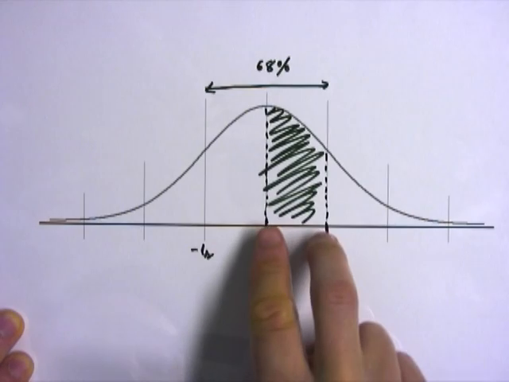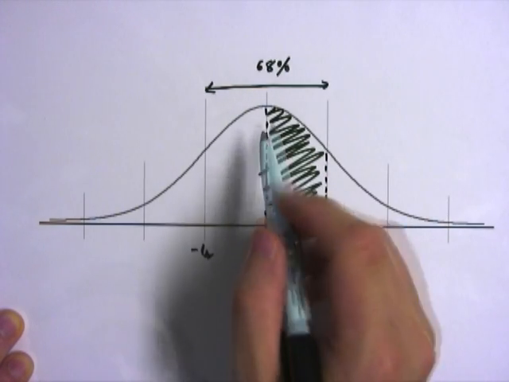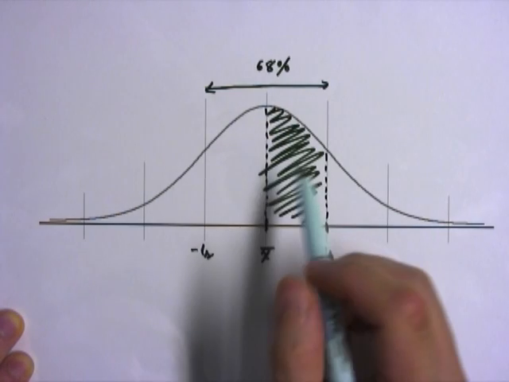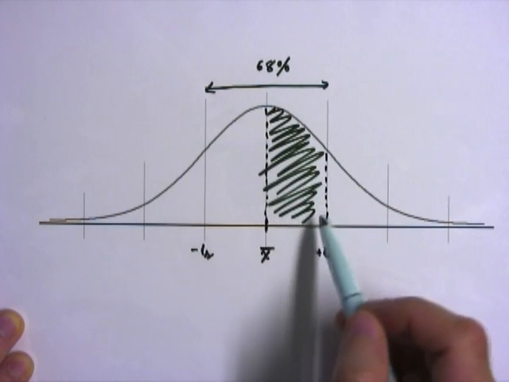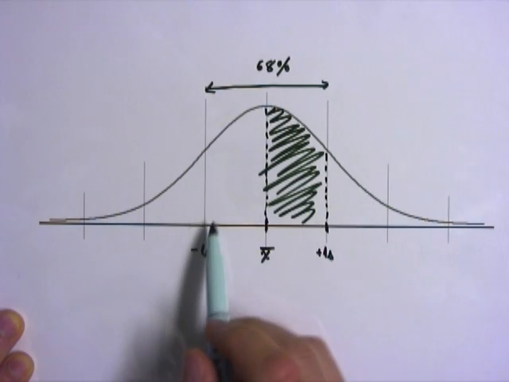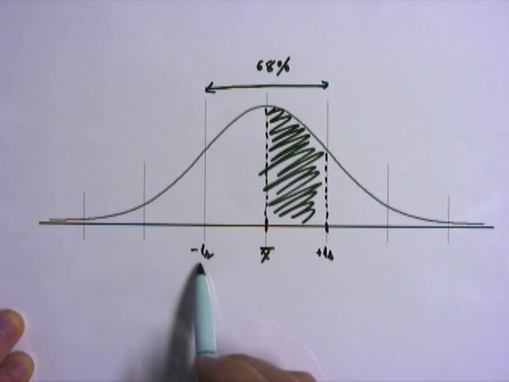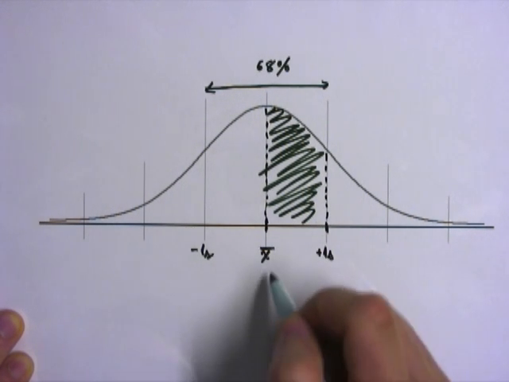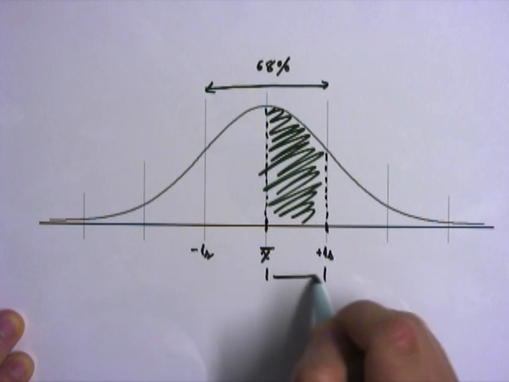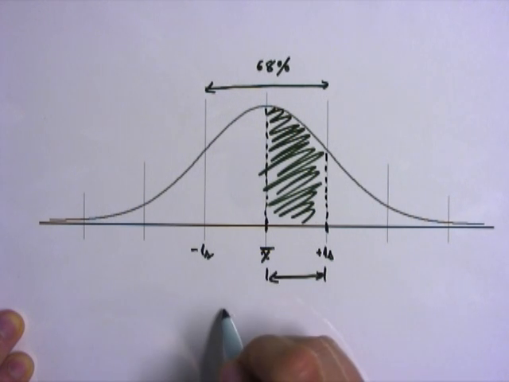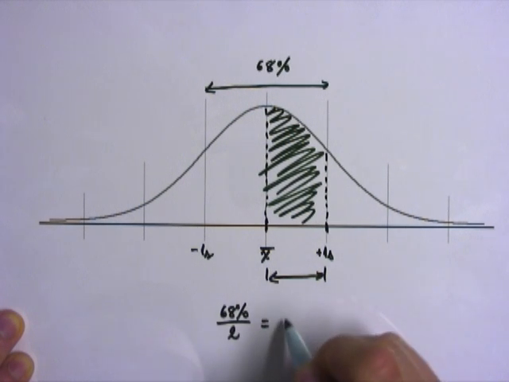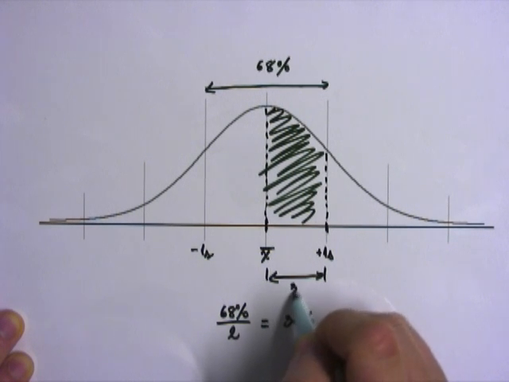But this shaded area, according to the nature of the curve, which is nicely symmetric, is precisely half of the area that covers from 1 standard deviation below the mean up to 1 standard deviation above the mean. So that's why this interval really contains a total of 68%, but we divide it by 2. That's going to give me 34%. So this is 34%.